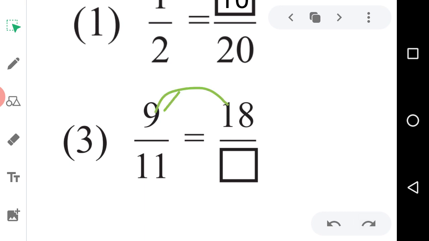If we multiply 9 by 2, 9 twos are 18. So here we need to multiply 11 by 2. 11 twos are 22. So we get the equivalent fraction 18 upon 22.